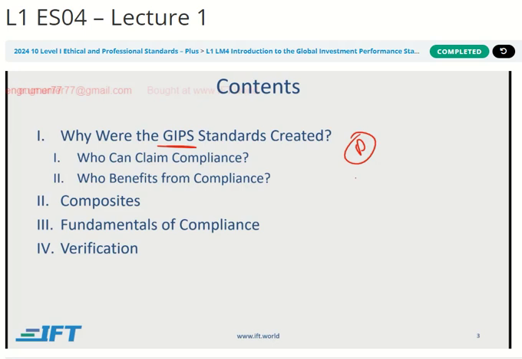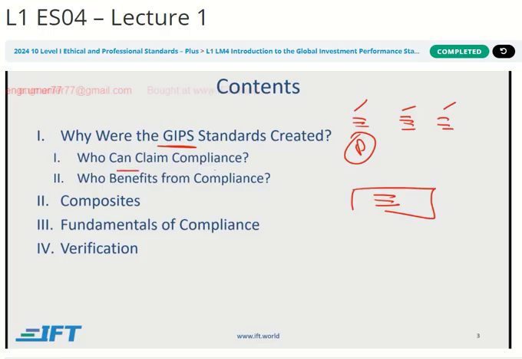Therefore, it is necessary that we have some global standards that different investment managers follow. This way, somebody who is looking at the reported numbers will know that a certain set of standards are being followed in order to produce these performance numbers. And that's where the GIPS standards come in.